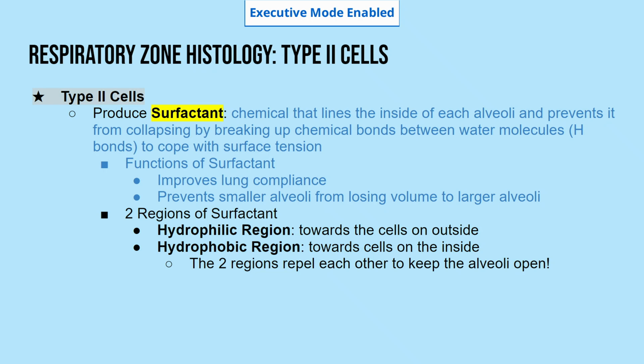So if this force is due to type 1 cells, due to hydrogen bonding, then the opposite force is due to surfactant. That doesn't mean it's a bigger force, it's just because we're talking about a different cell.